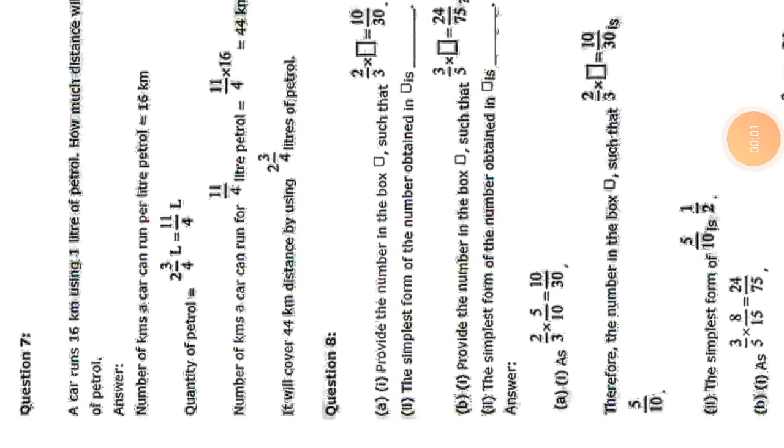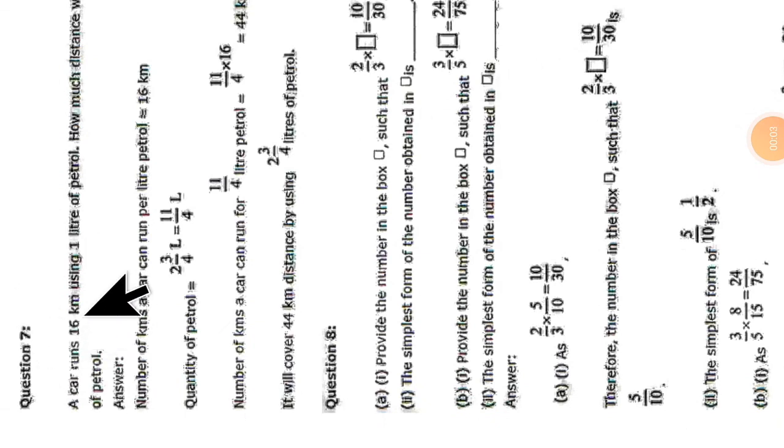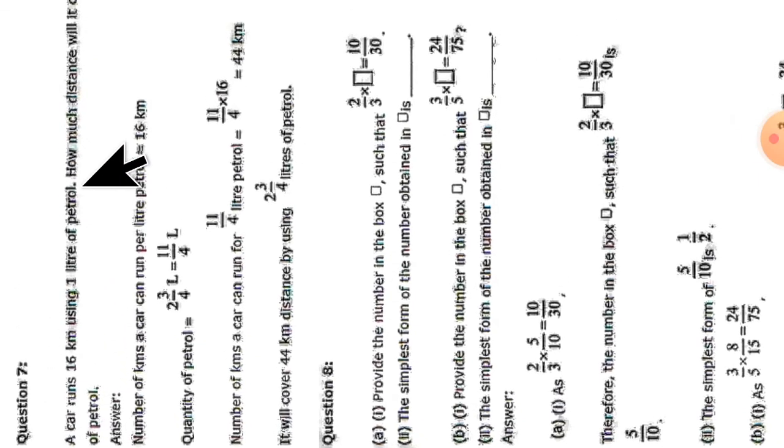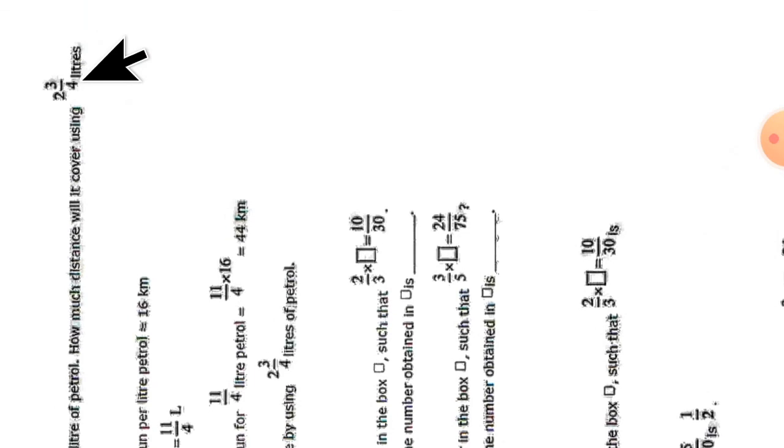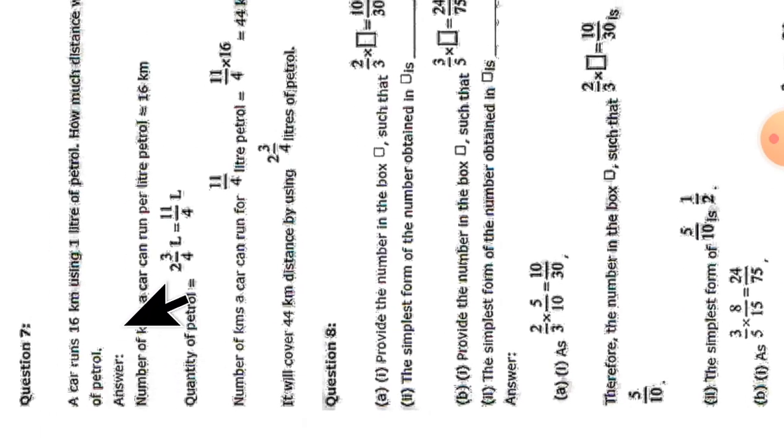Let's see question number 7. A car runs 16 km using 1 liter of petrol. How much distance will it cover using 2 integer 3 upon 4 liters of petrol? Now the number of kilometers a car can run per liter of petrol is 16 km.